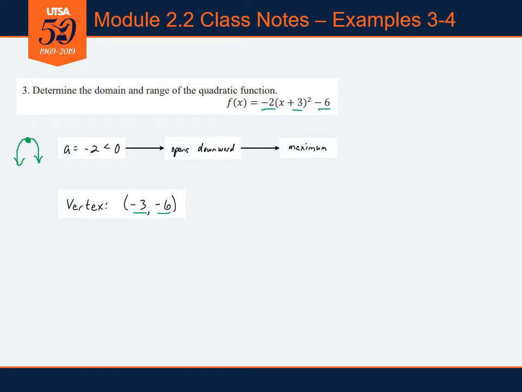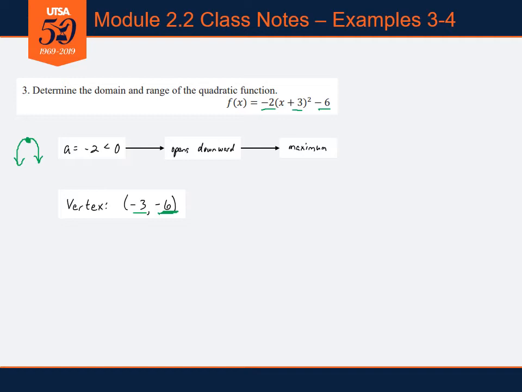Then matching our given function up with the standard form that we know, a times x minus h squared plus k, gives us the vertex -3, -6. So that's the point that we have for the vertex here at the top of the parabola. So the highest this graph is going to reach is a y value of -6. And it's going to open down from there.